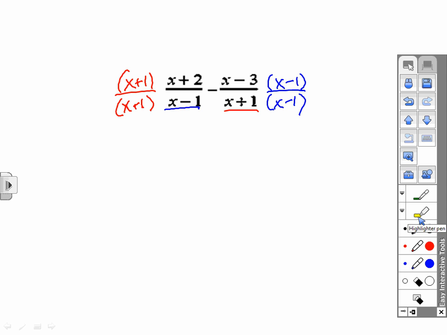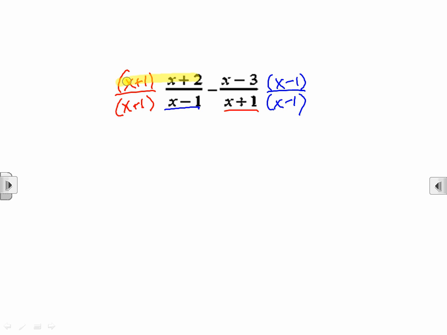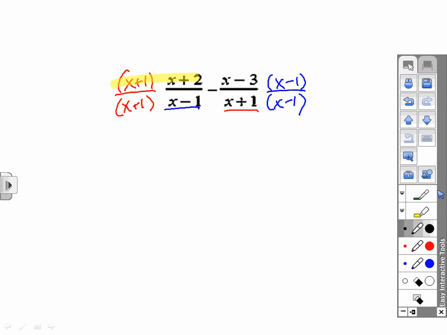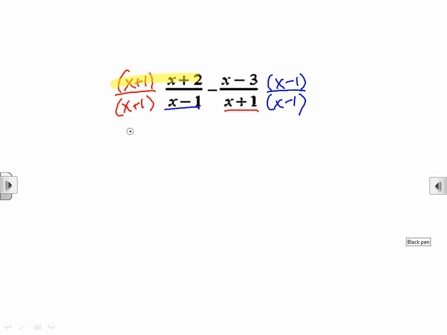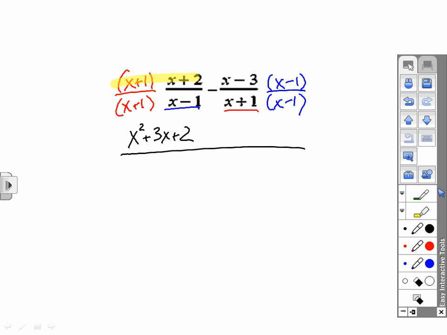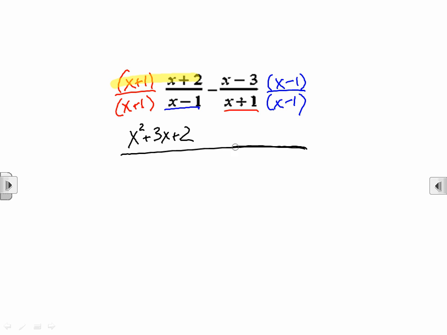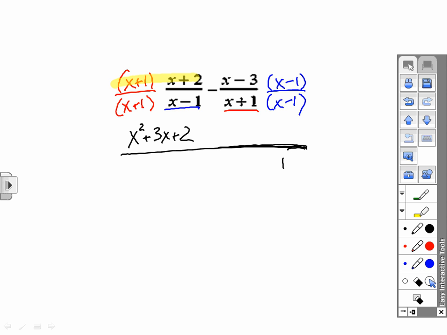Now what I need to do is simplify my numerator. So if I simplify my numerator of my first fraction, I can either FOIL or use the box, and I should get x squared plus 3x plus 2. Oh, wait a minute. Whoops. That was supposed to be an eraser, y'all.